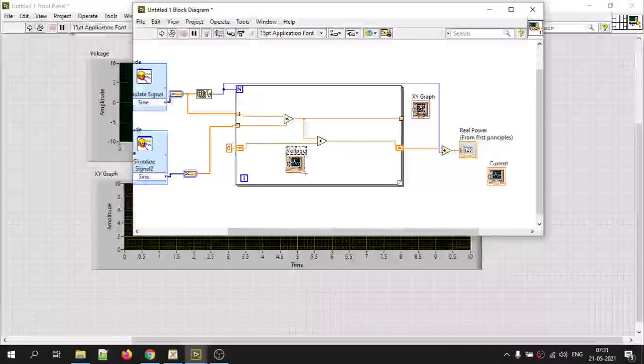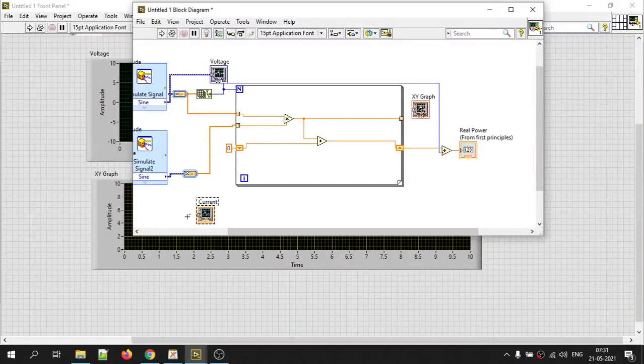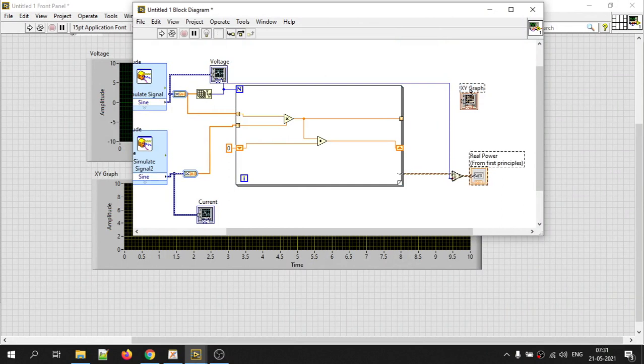Okay, so let us connect this voltage to the voltage signal, and the current waveform graph to the current signal, and we need to generate an array for the x-axis of instantaneous power.